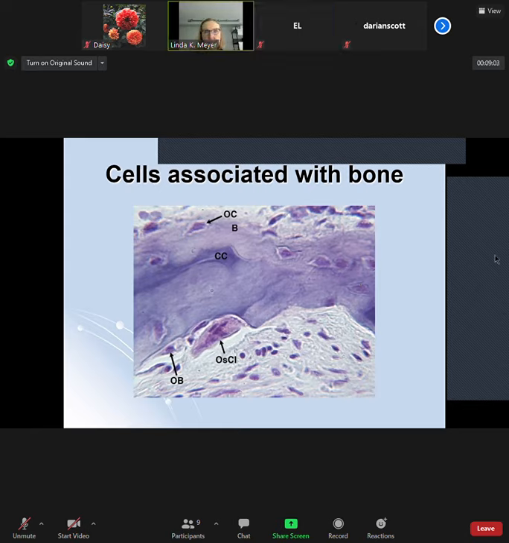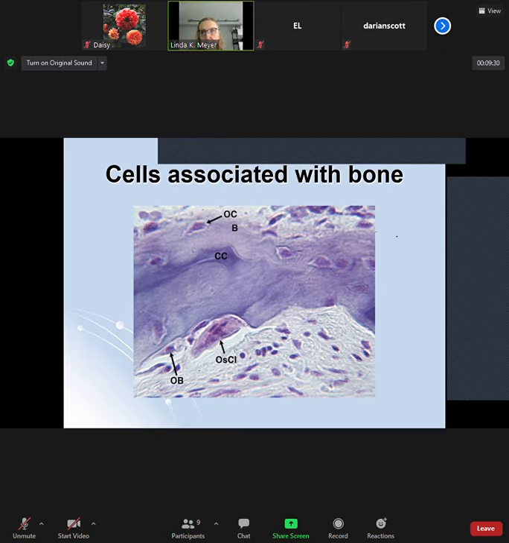Okay, so when we actually look at bone, here's a decalcified section. This is what you've been looking at all semester long, where the tooth in situ slide, where it's a decalcified section, meaning the mineral component has been taken out, and then colorful stains are applied to the non-mineralized portions of the tissue.